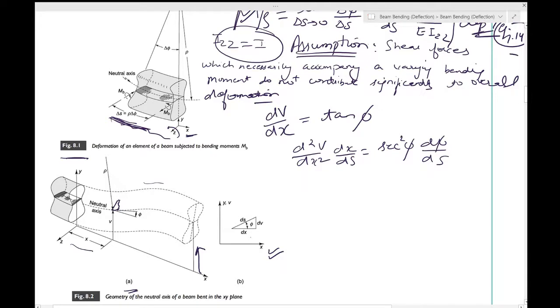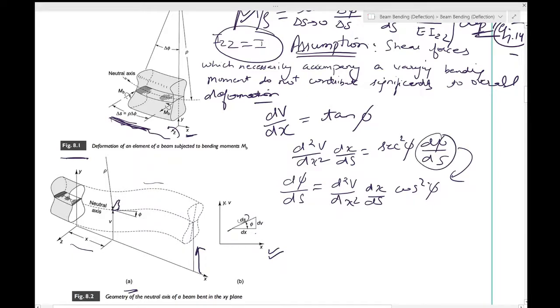In the xy plane, dx and dy are like this, and the change in the arc length will be ds. Originally s may have been like this, and then ds has happened over there. So the curvature d phi by ds is d2v by dx square, dx by ds, cos square phi, where cos square phi has been inverted, and you can write d phi by ds as this value.